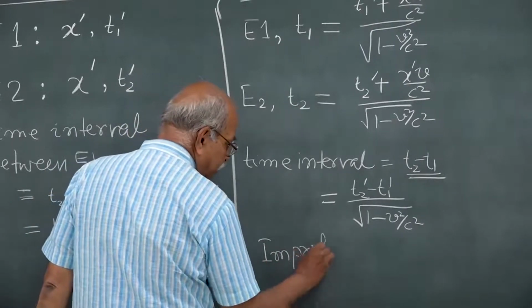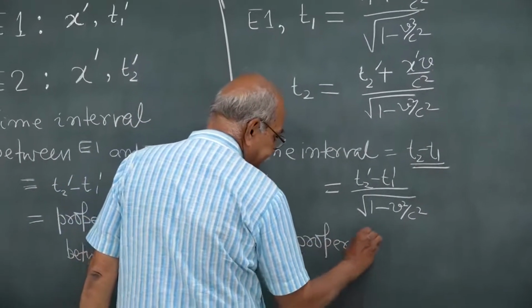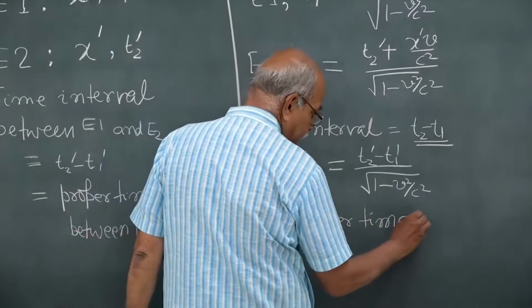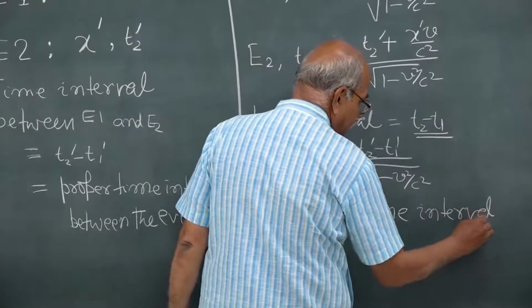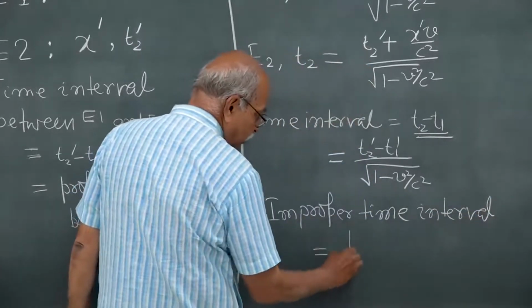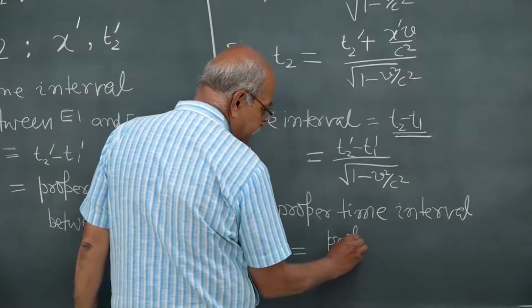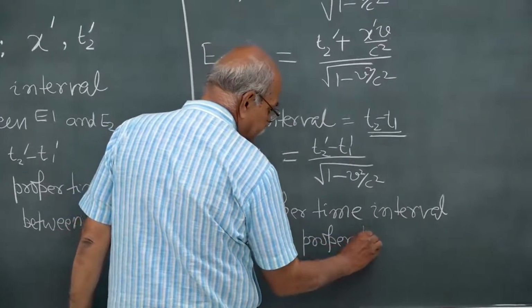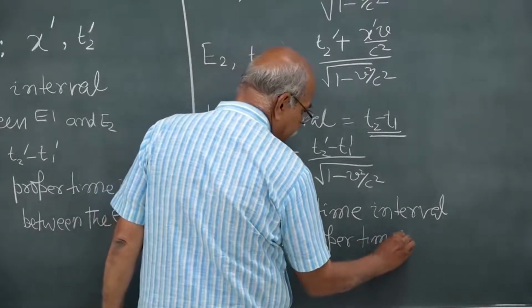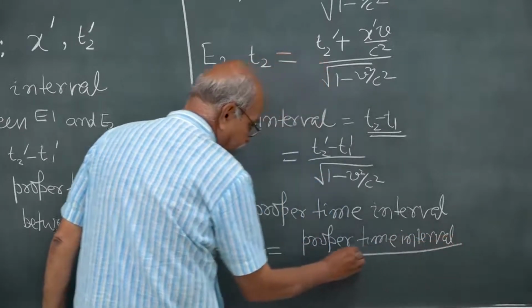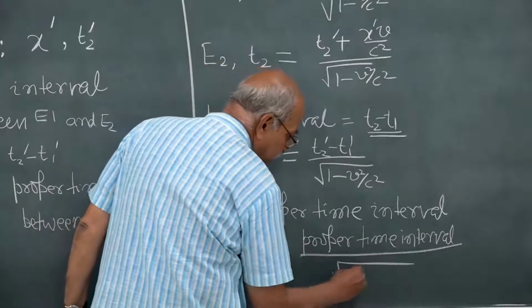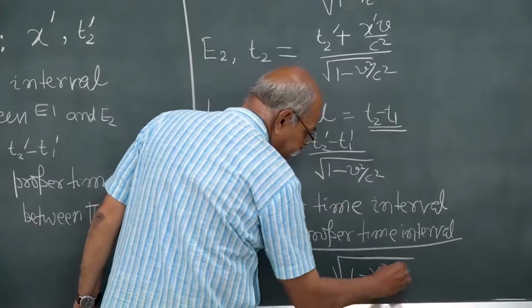So the improper time interval is equal to the proper time interval divided by the square root of 1 minus V square by C square.